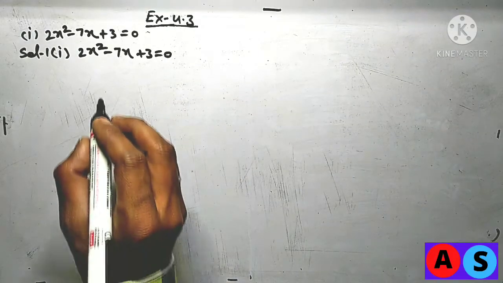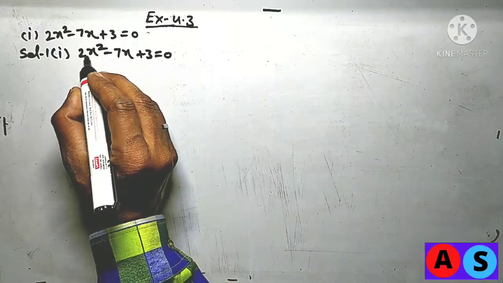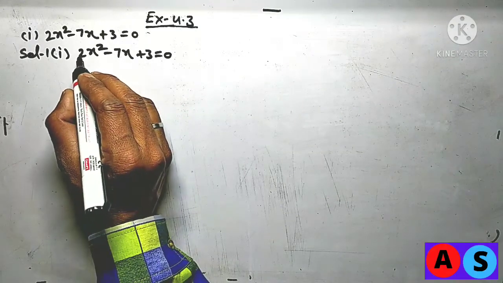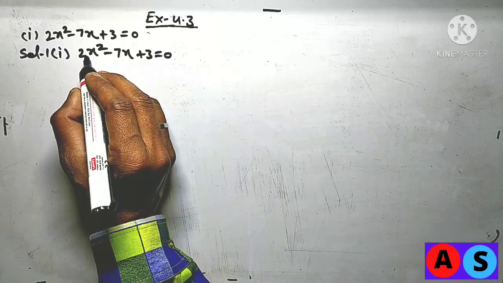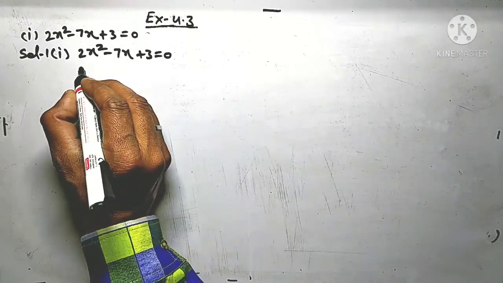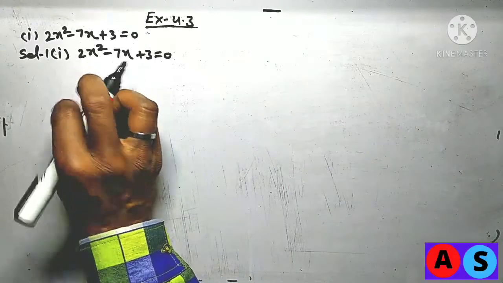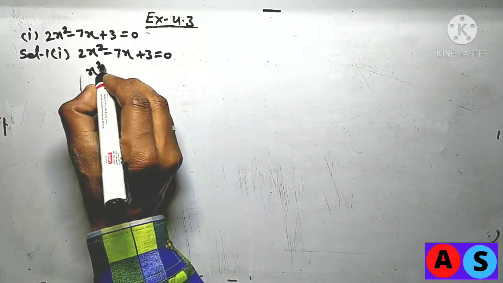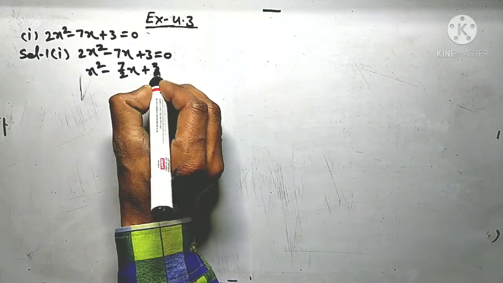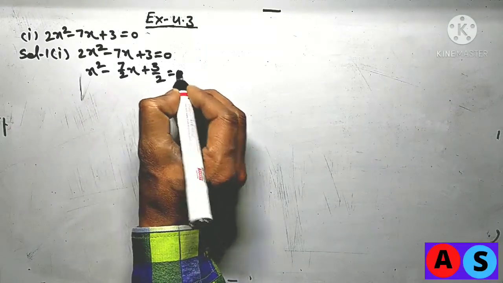Students, first of all, we see the coefficient of x square. If it is not 1, then we make the coefficient of x square 1. So we divide the whole quadratic equation by 2. x square minus 7 over 2 x plus 3 over 2 is equal to 0.